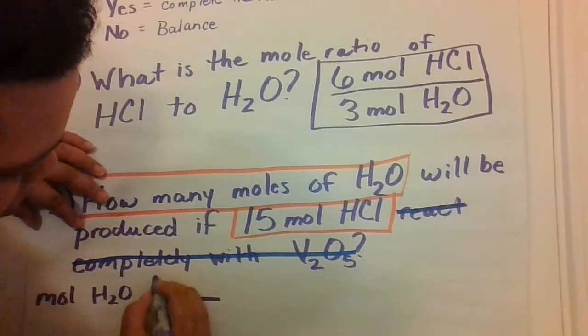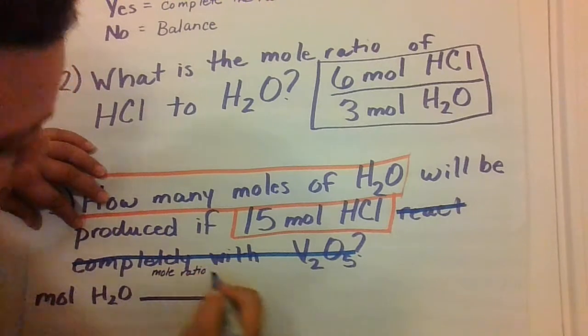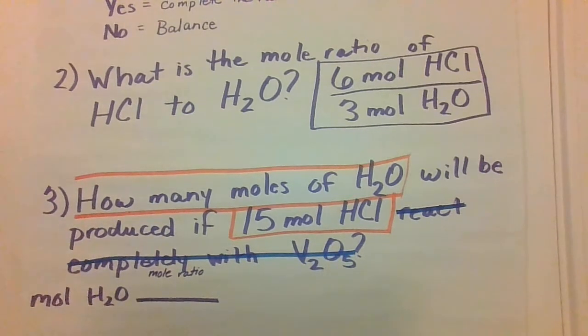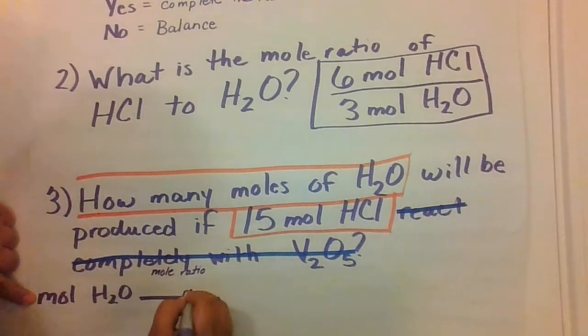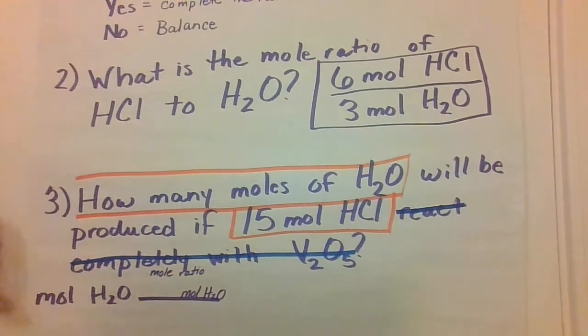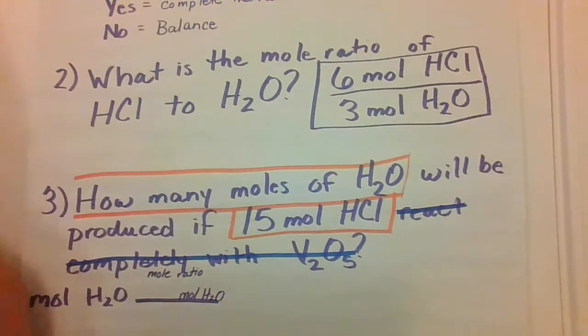Here, we are going to use our mole ratio. So in this first slot, we're going to use our mole ratio. But we know whatever unit is on the left side when using DA, go right there. And in doing that, we'll know which number from our ratio needs to go on top and which one needs to go on bottom.